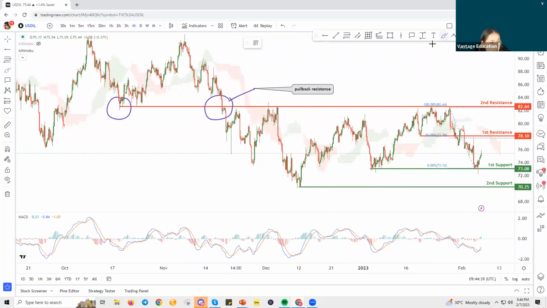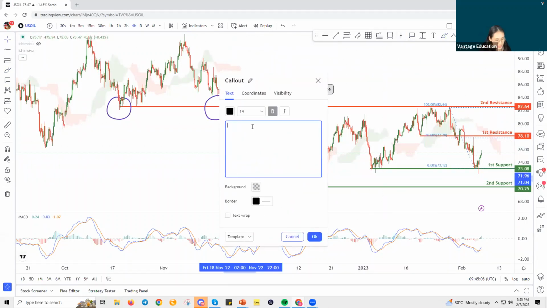Okay. And then if we follow price closely, we see it actually retraced or pulled back to the second resistance here. Just as we expected. So once it bounces off this area, which is what it did, this now becomes an overlap resistance.